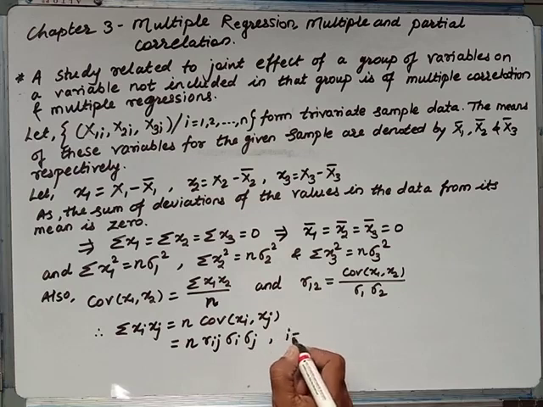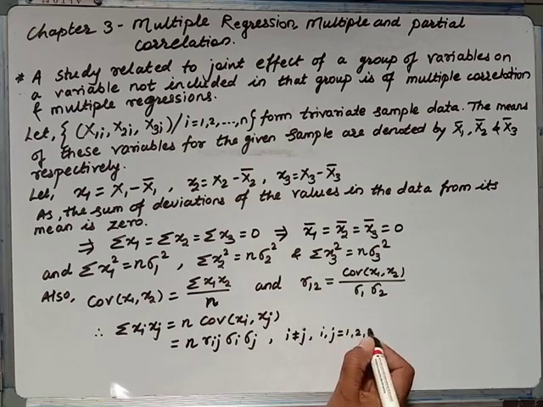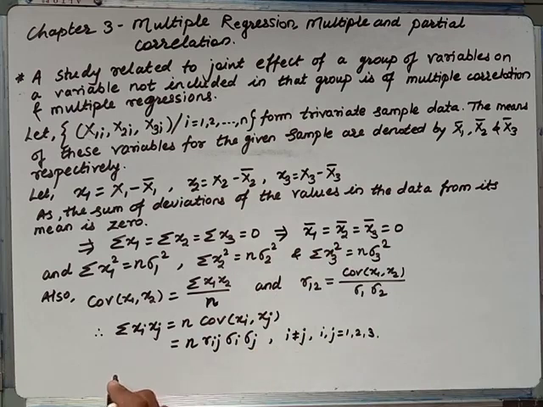Where i not equal to j and i, j are running from 1 to 3, since 3 variables are there. Trivariate data is that, right?